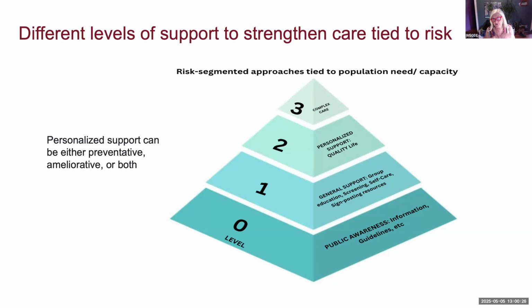But at the bottom, for a health promotion approach, being able to communicate, share information, talk to friends and neighbors about opportunities, that community culture of being able to normalize these kinds of conversations and signpost helpful resources.